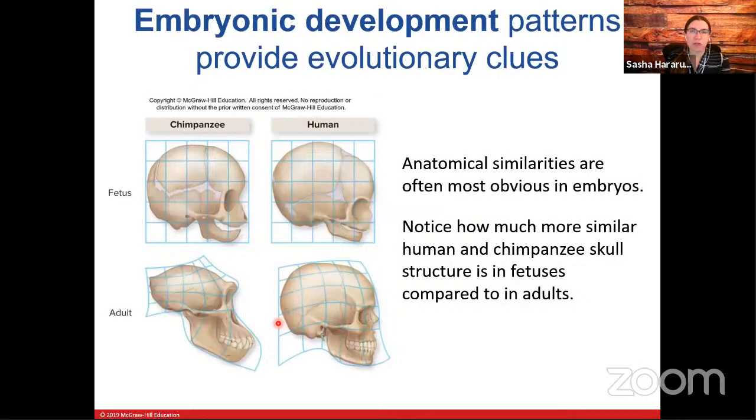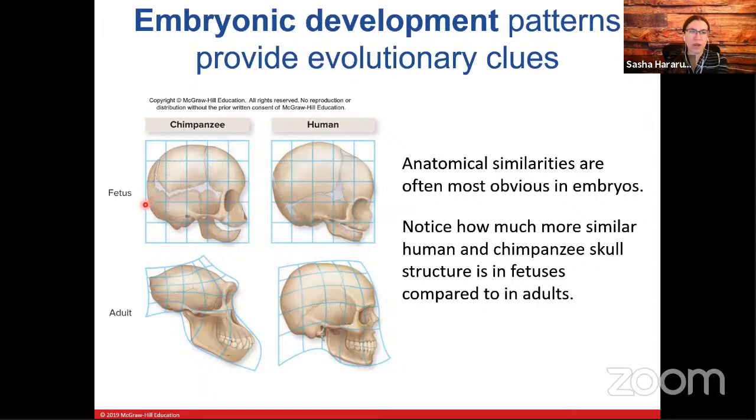So another source of evolutionary clues is comparing embryonic development patterns across species. This picture shows the similarities between skulls of chimpanzee and human fetuses, and the dissimilarities of the skulls of a chimpanzee and a human.